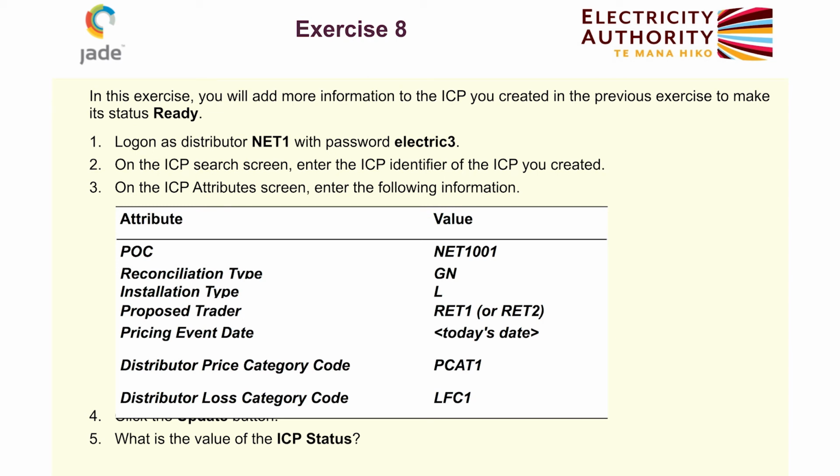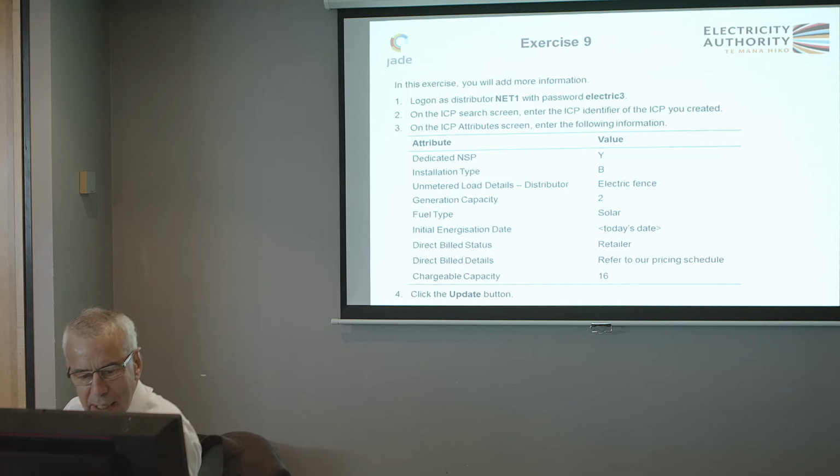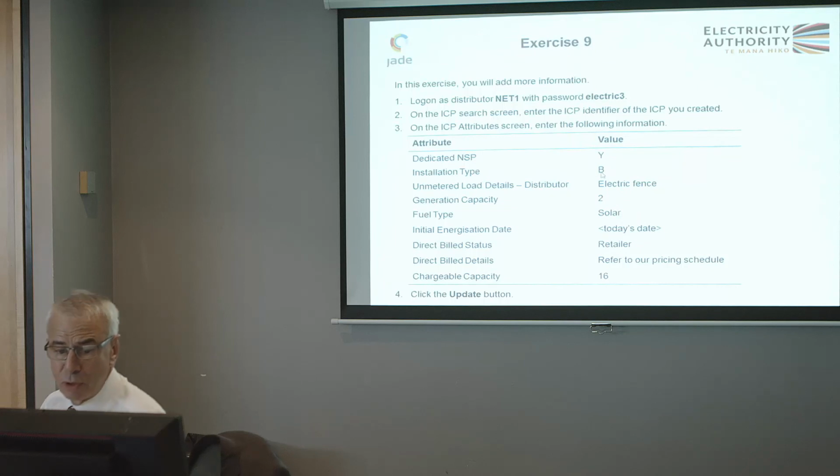Exercise 9 is to make some additional changes, just a bit of practice on those screens. It makes the ICP a bit more interesting because the ICP will now have some unmetered load, an electric fence, and it'll be generating, so the installation type will be changed from L, load, to B, both load and generation.